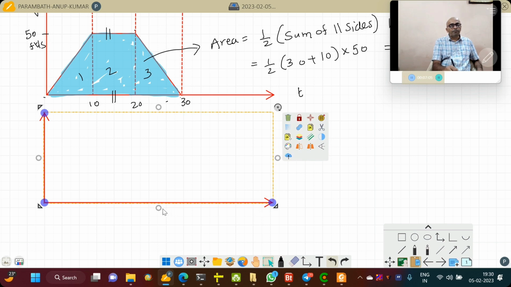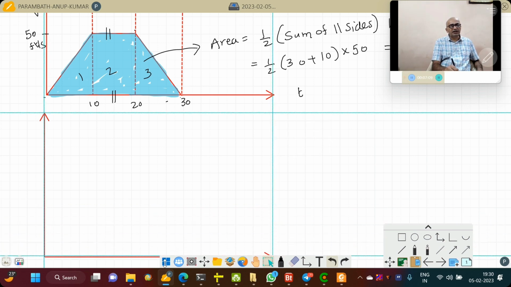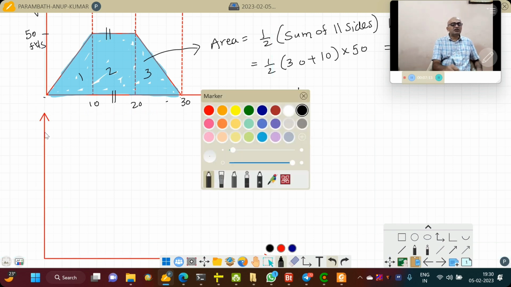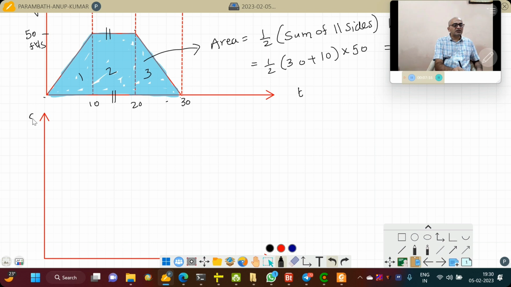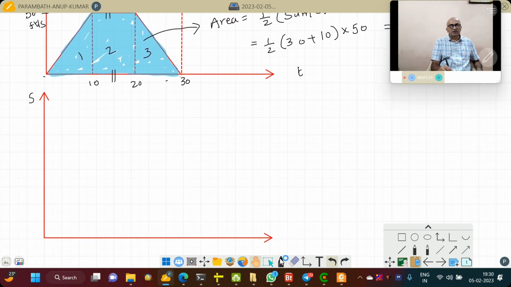Students, this graph I'll make a little bigger. So I will write down that this is my distance, position time graph, and this is my time.